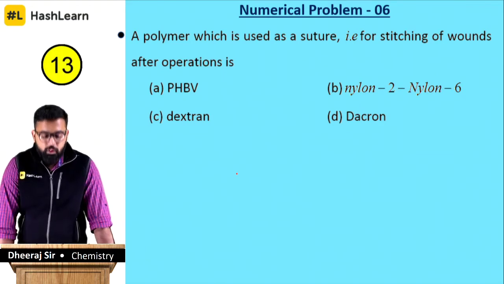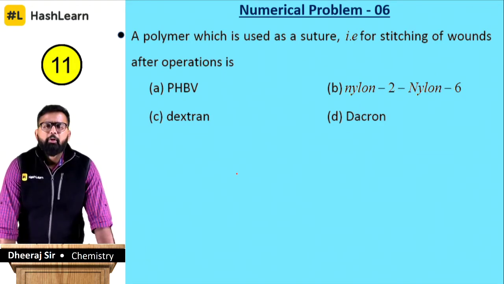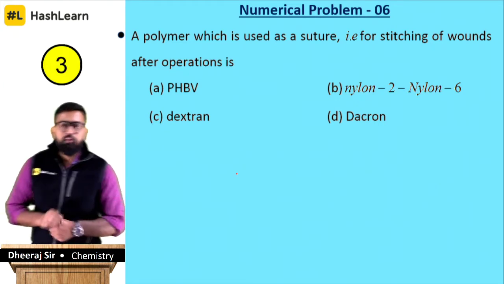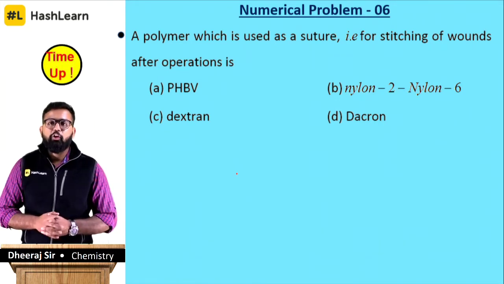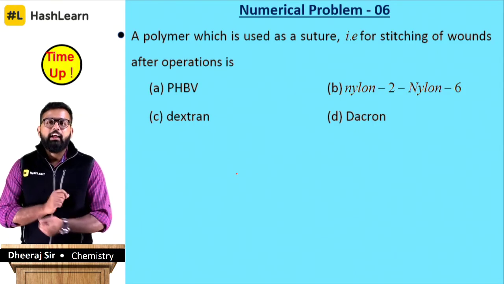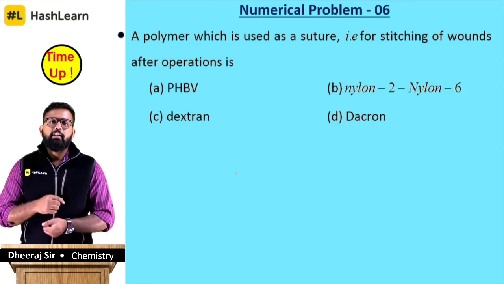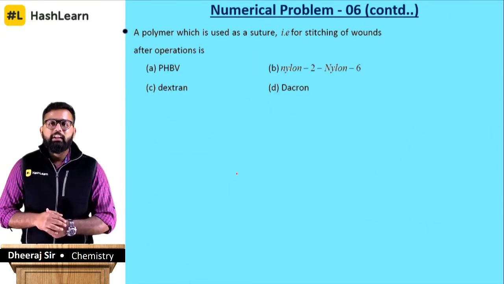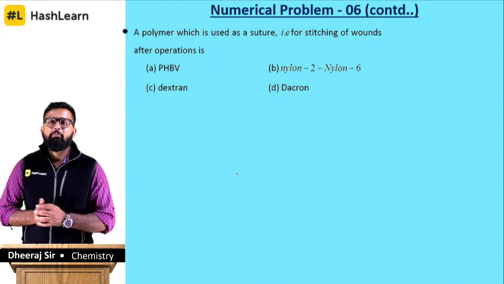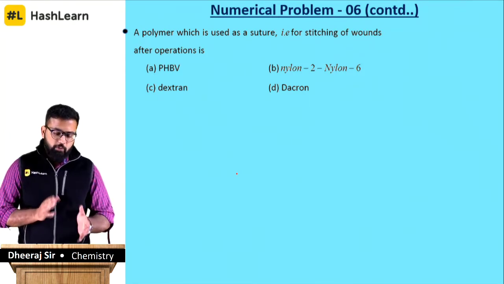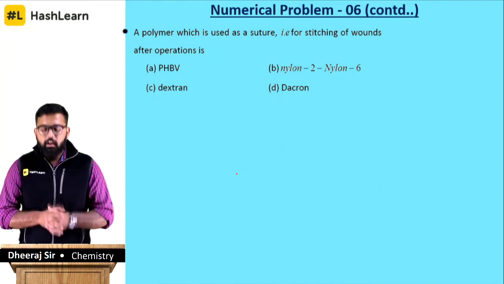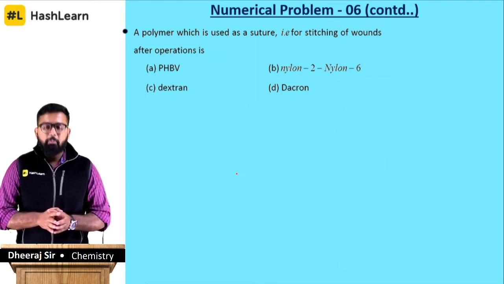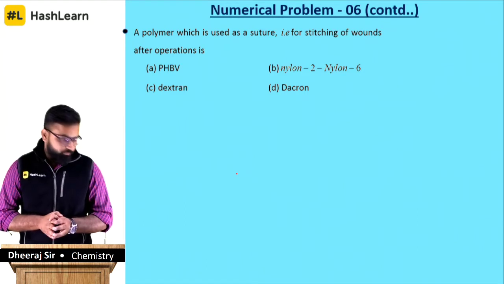I can give you a clue: the polymer usually has to be biodegradable, so that the task of getting the threads removed after the stitches can be avoided. You don't have to go back after the wound has healed, because the suture automatically degrades within the body. Therefore, we are worrying about biodegradable polymers.